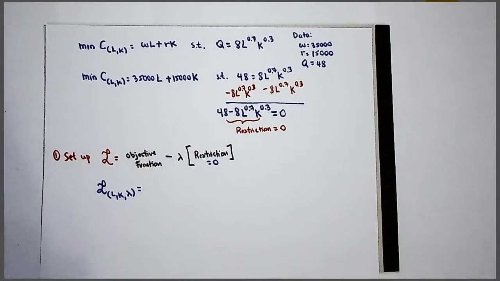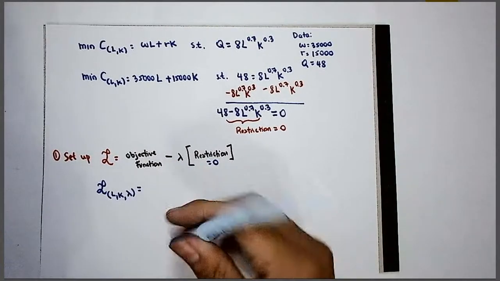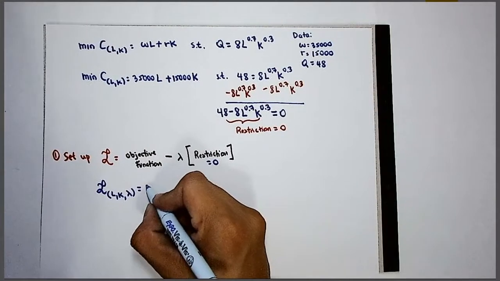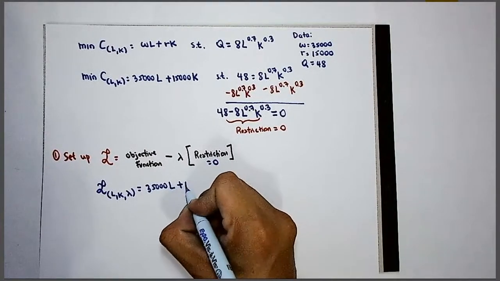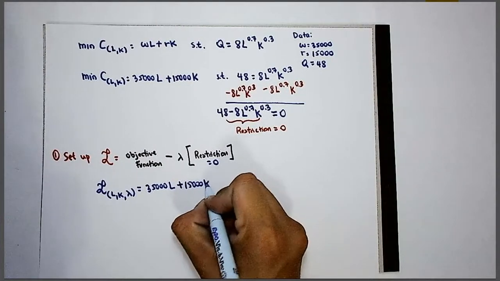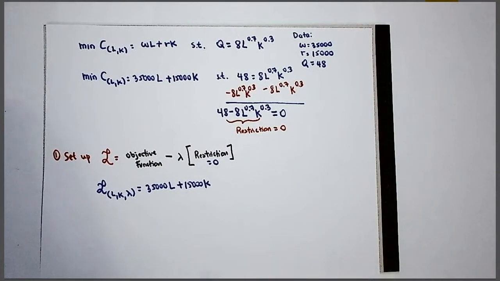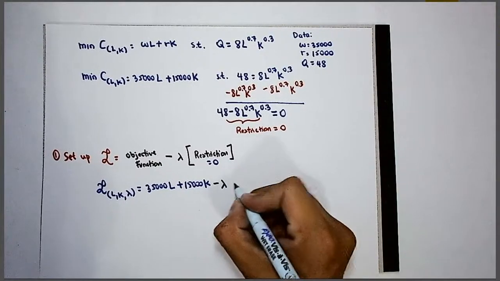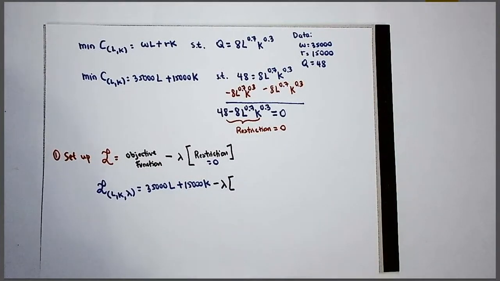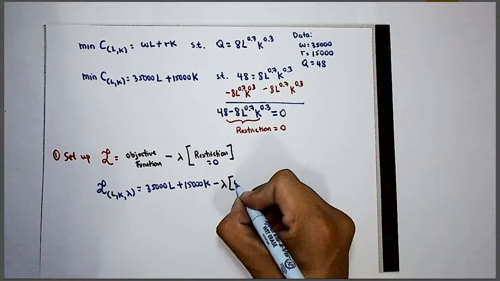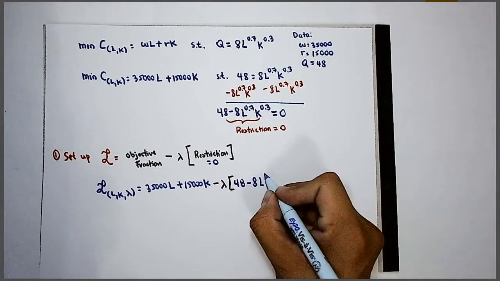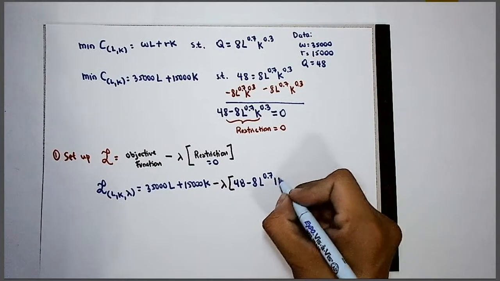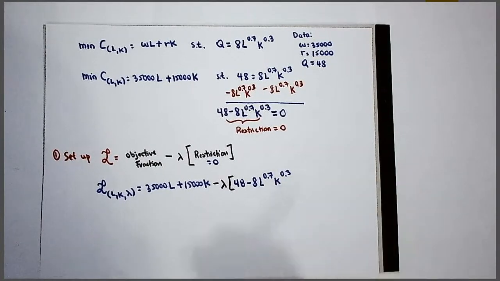This is equals to the objective function, which is 35,000 times labor plus 15,000 times capital minus lambda times the restriction, 48 minus 8L to the 0.7, K to the 0.3.